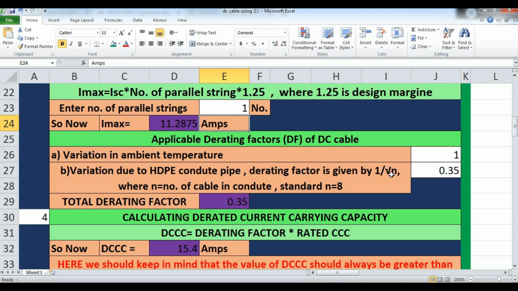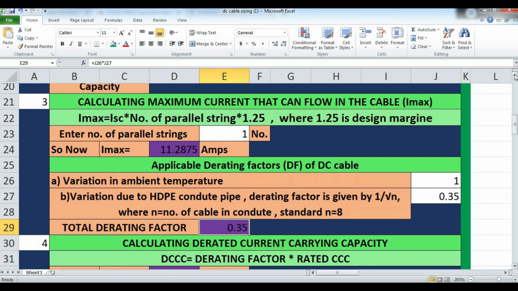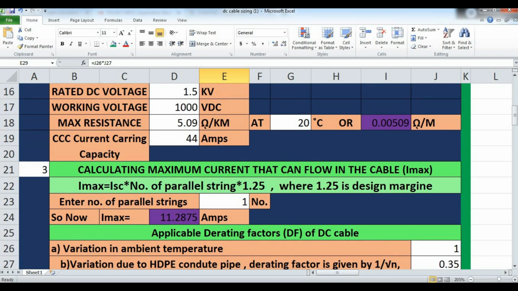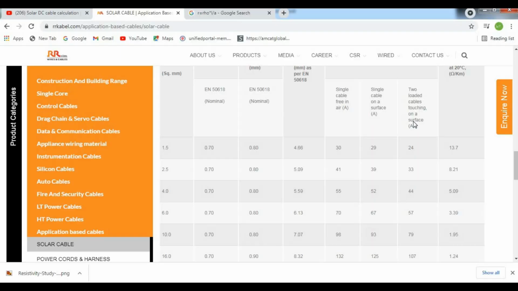Now we will calculate the derating current carrying capacity. It depends on the current carrying capacity of the cable we have selected, or the thickness of the cable. We have selected this 4 square mm cable, and from the data sheet of that particular manufacturer, the current carrying capacity of a 4 square mm cable in the condition of 2 loaded cables touching on a surface is 44 ampere.